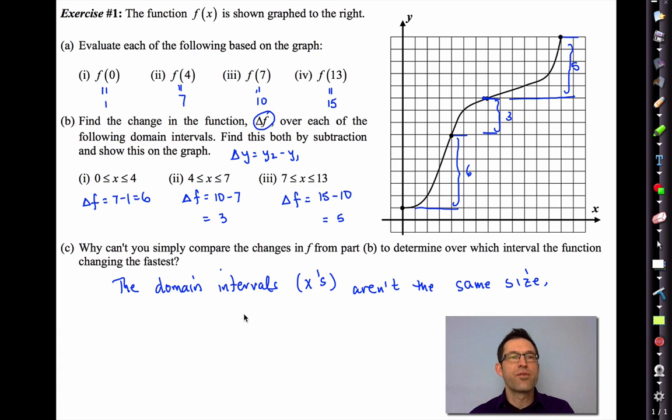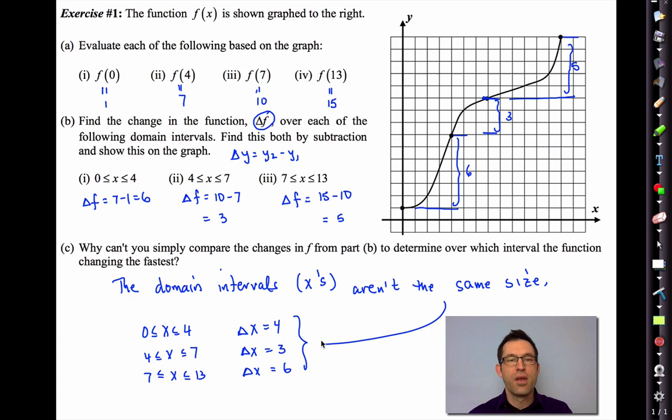In that first interval, where x is from 0 to 4, delta x is 4. On the other hand, as x goes from 4 to 7, delta x is 3. And then as x goes from 7 to 13, delta x is 6. These things aren't the same.